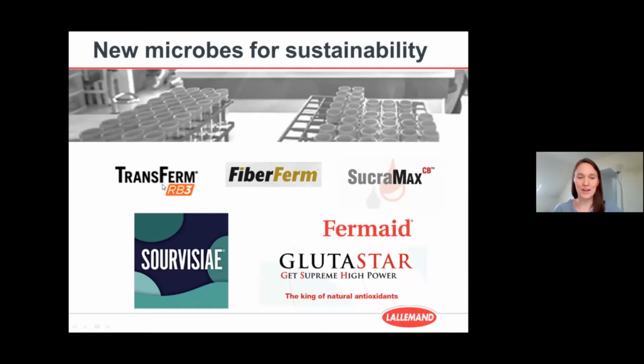So the Transferm family of products, RB3 is a recent iteration coming from that family, as well as FiberFirm and Sucramax, are all improved and engineered yeast strains that have higher bioethanol production yield over their wild type counterparts. And each of these is suited for a different feedstock, but they all have in common that they started from good, robust starting strains, and we were very careful in performing the right tests for them.